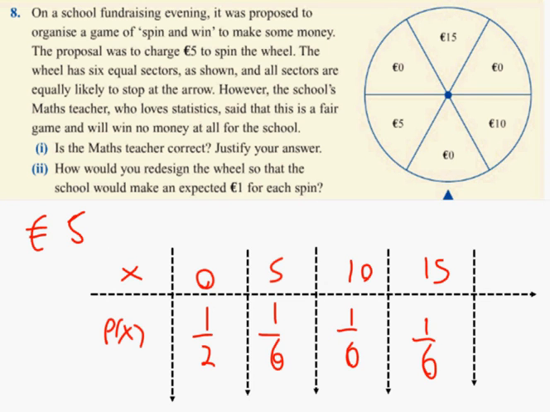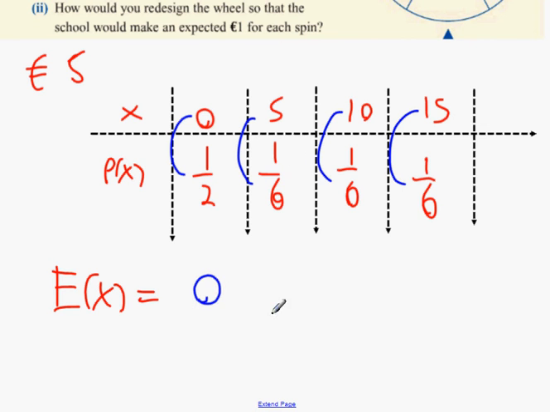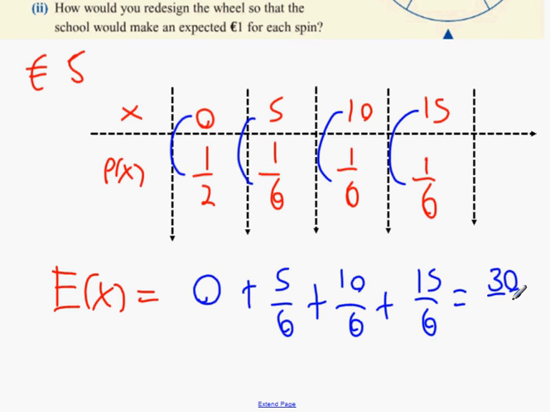So let's find out. Anybody remember how to get the average, or expected value as it's called? Multiply, multiply, multiply, multiply, and then you add them together. So the first one is going to be 0 times a half, 5 times a sixth, 5 sixths, 10 times 1 sixth, just do 10 over 6, and that's going to be a grand answer of 30 over 6. 30 over 6 is 5.